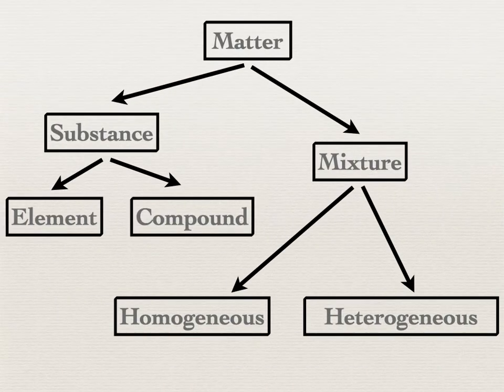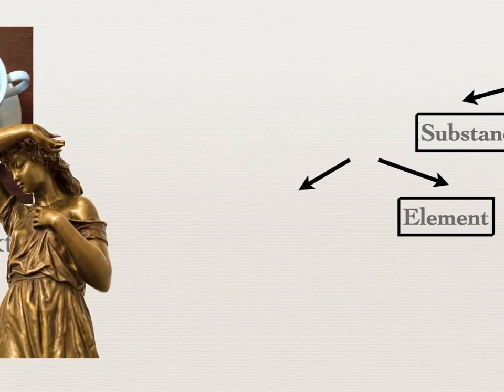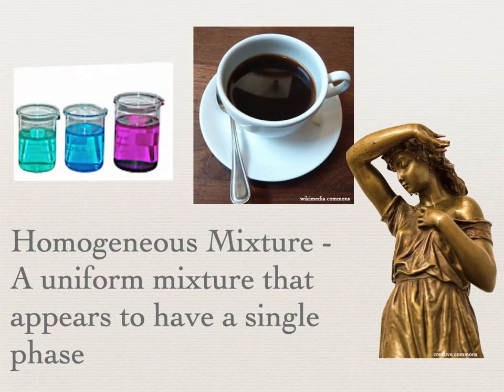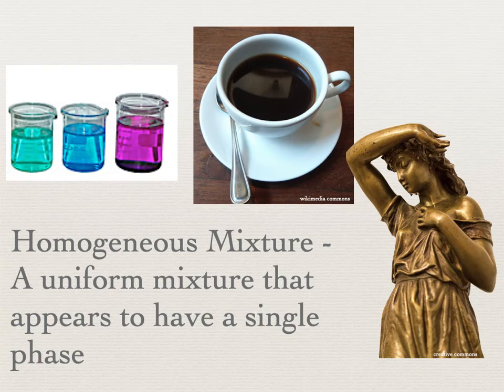If you don't have a heterogeneous mixture, you have a homogeneous mixture. Some people will say homogeneous, potato. A homogeneous mixture is a uniform mixture that appears to have a single phase or layer. And so you can think about food coloring in water. If you're looking at those beakers up on the top left, the food coloring completely disperses.